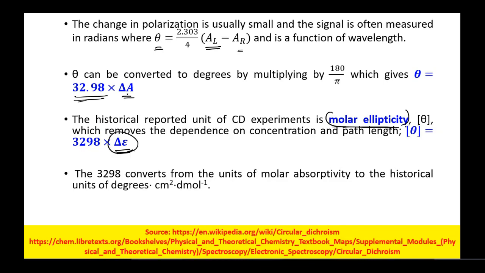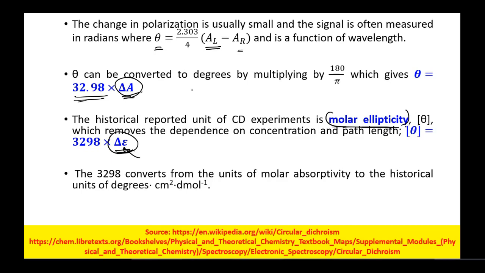We do not look into the delta A, because this delta is the absorption. A is basically the absorption, how much light is being absorbed, whereas epsilon is an inherent property of the sample.